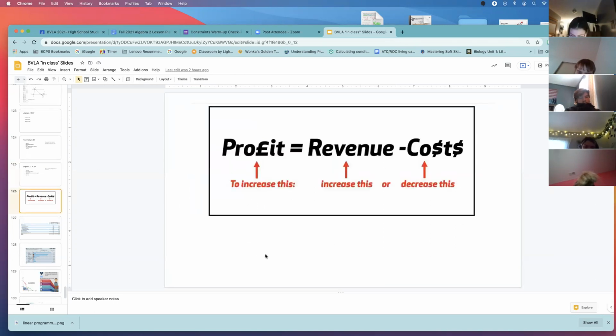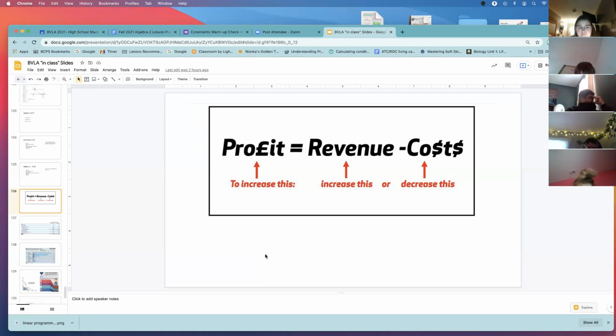This is something I really, really, really want you guys to know. Okay, and this is not on the test, but profit, revenue, costs. This is really how businesses work. You've got to know that revenue, when people talk about revenue, that's all the money they take in.